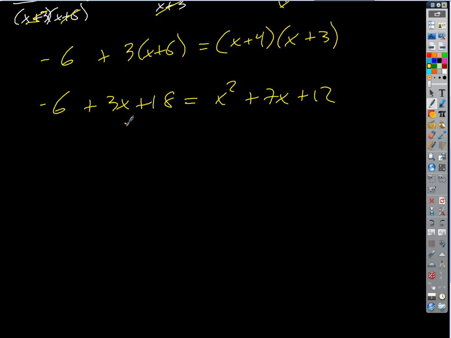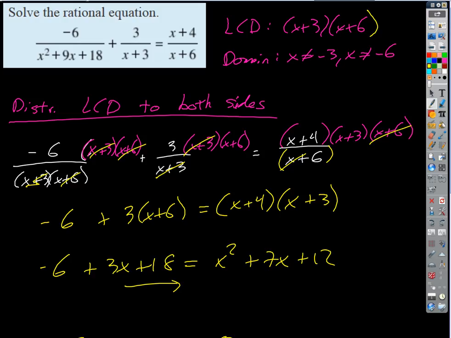So we'll move everything over this way and get x squared plus 4x, add 6, so that's plus 18. That's kind of weird, huh? Did I do that right? X plus 3.